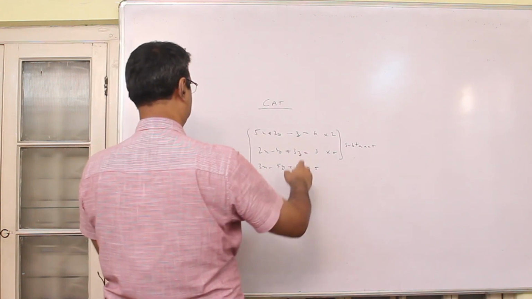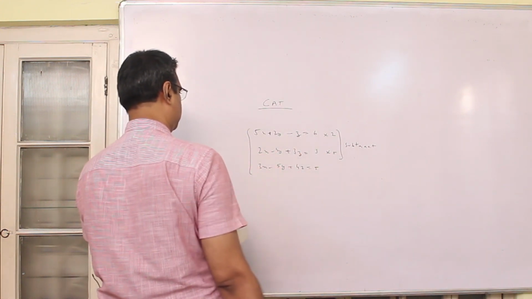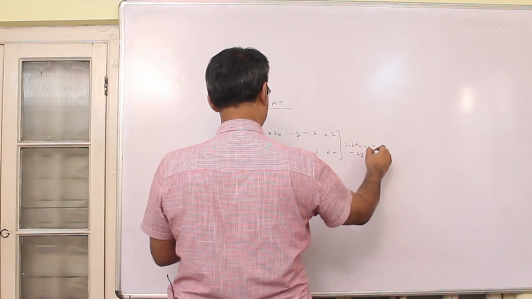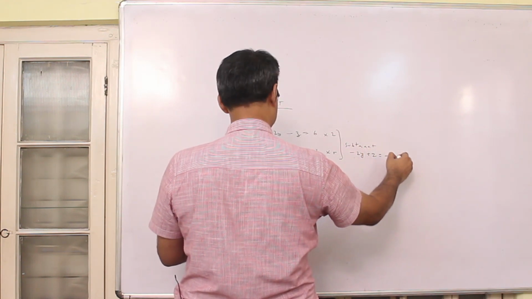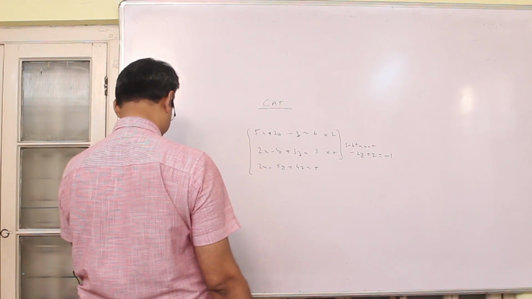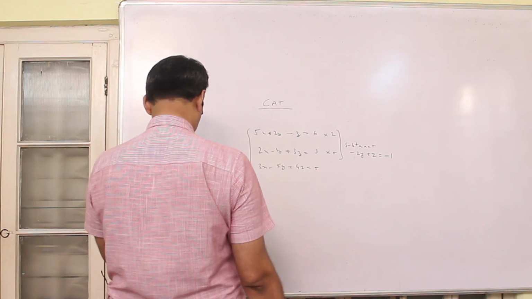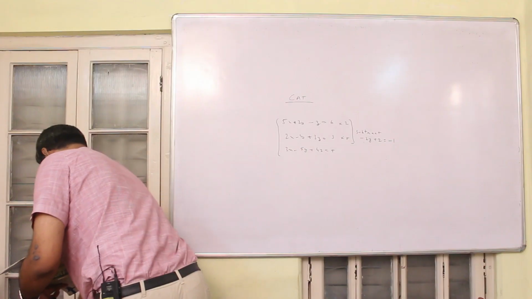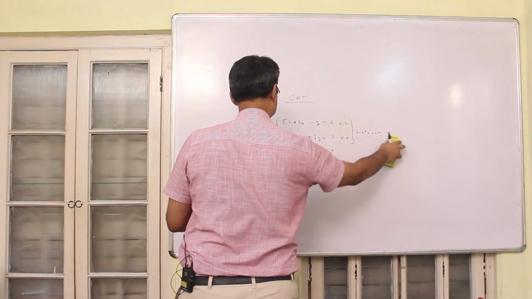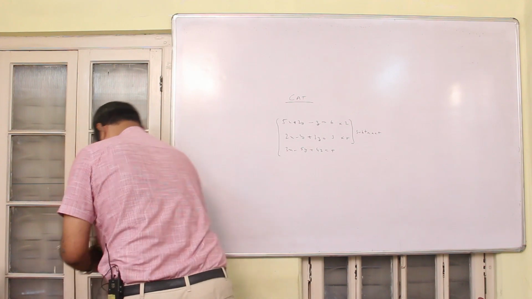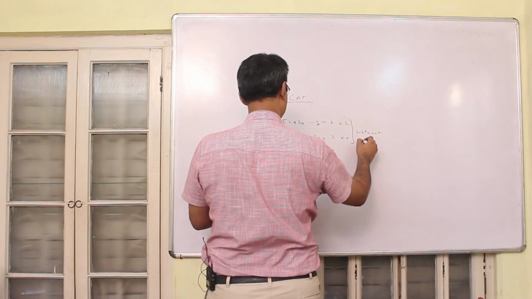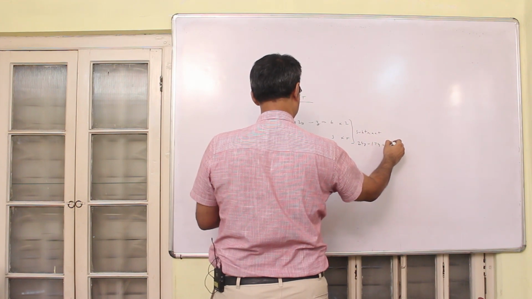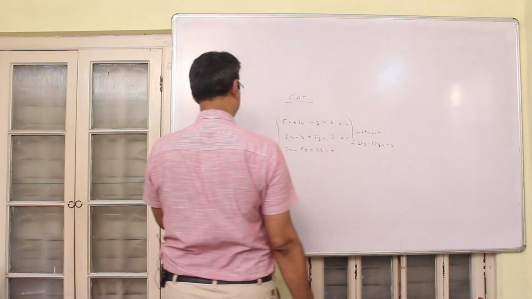So if you multiply the first with 2, second with 5 and subtract both of them, you will get 24y minus 17z equal to minus 3.